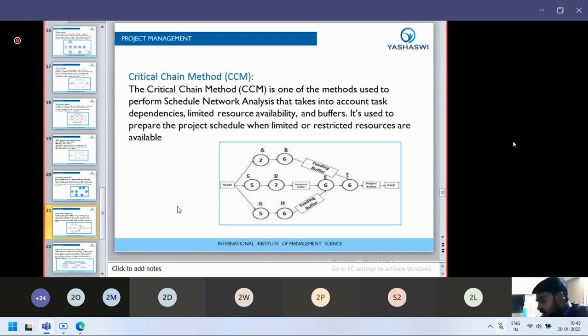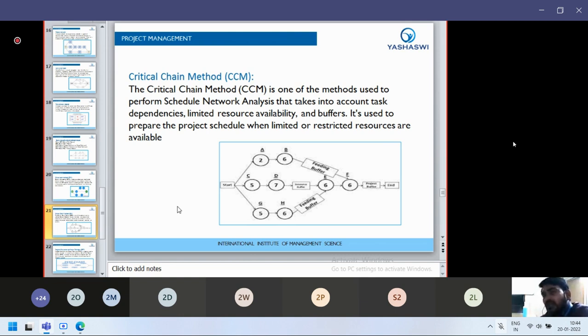In critical chain method, one key aspect is the limited resources available. We find the process from start to end point by comparing the availability of resources, since some of the buffers or resources are not available for that process. That is the consideration in critical chain method.